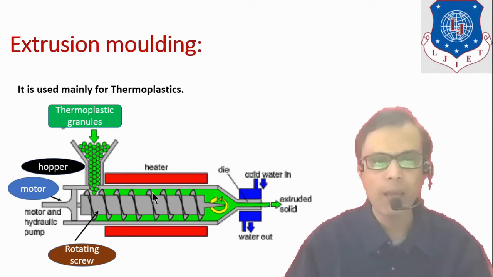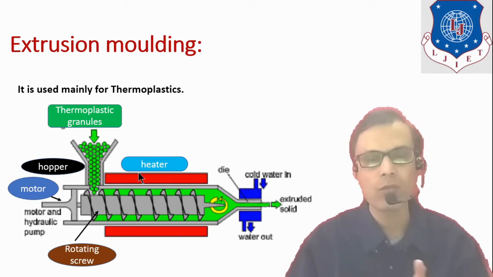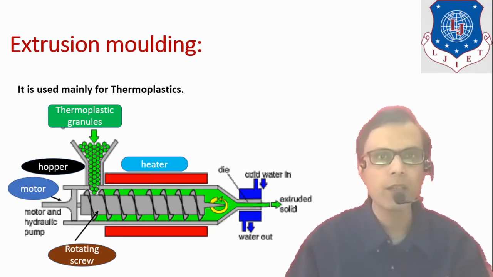Surrounding this chamber, heaters are placed. In this diagram, these heaters are shown by this red color. So with the application of heat, the raw material comes into a molten state.